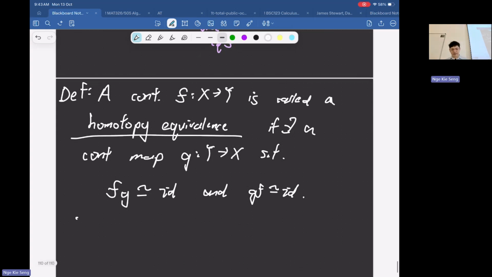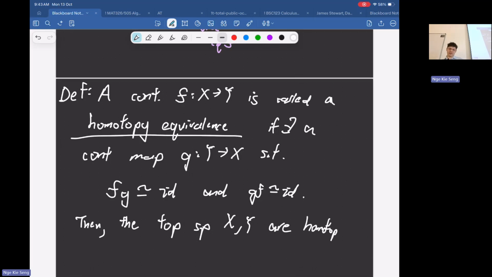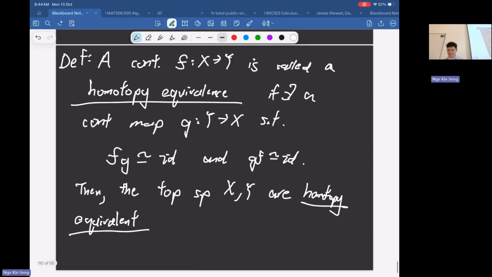Okay, then if this happens, we'll say that the topological spaces X and Y are homotopy equivalent. This is a very standard terminology. Or if you look at some popular science or popular mathematics article, you might see the term homotopy type.